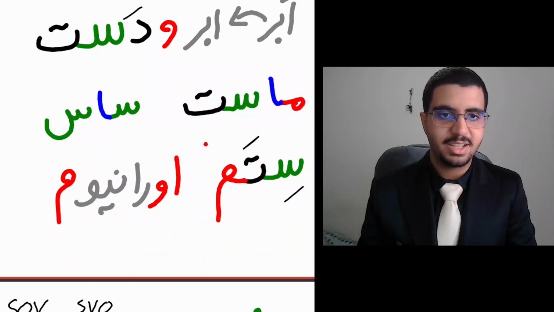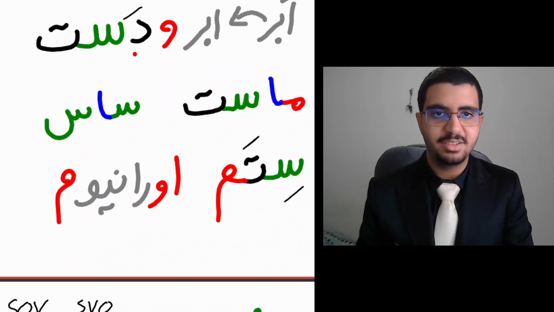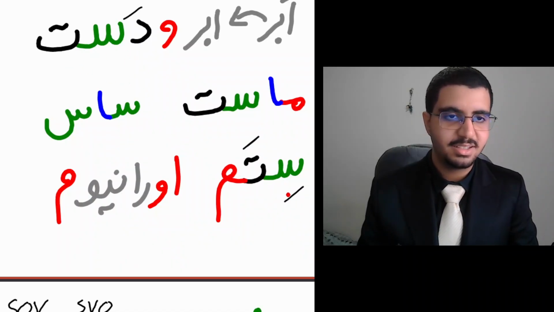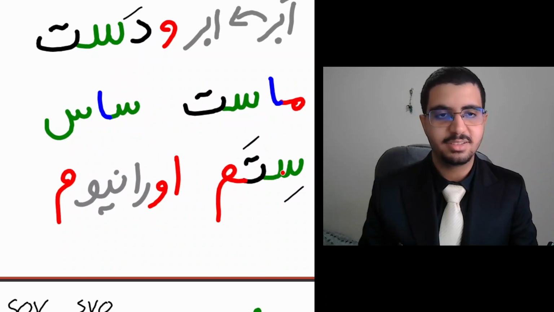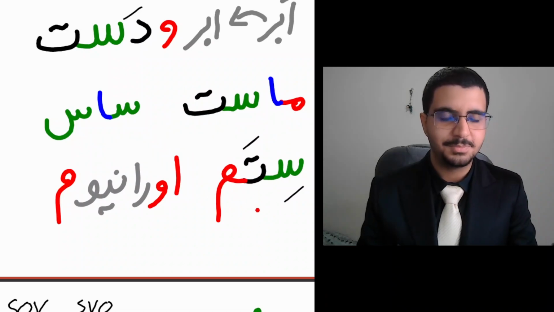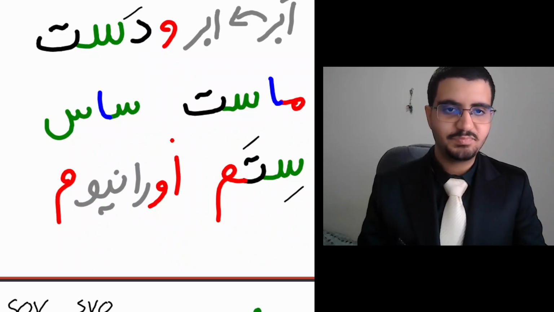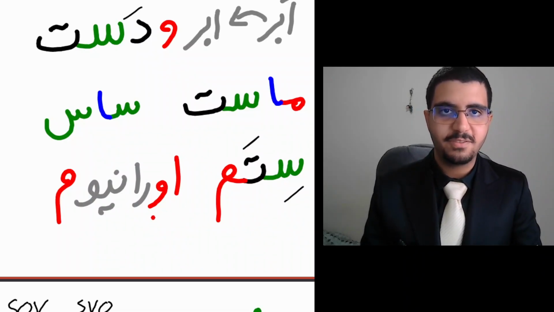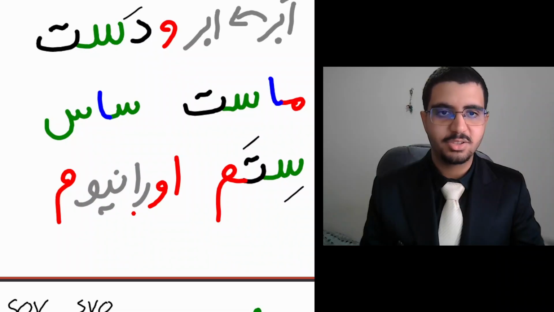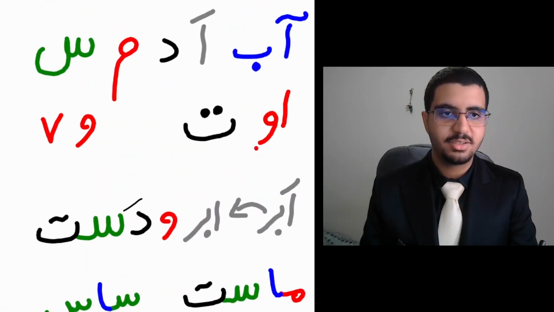The only vowels that exist are a on dast, and e and a on setam. So setam means oppression. Be ma setam kardan. They oppressed us. Now, for O, I couldn't really find a word because O itself is just U.